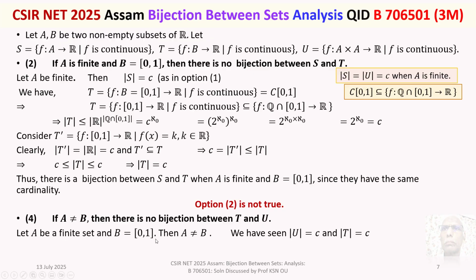A is a finite set, B is an infinite set, therefore A is not equal to B. But we have seen that when A is finite, the cardinality of U is C. And when B is [0,1], the cardinality of T, as we just saw, is C. So they have the same cardinality, therefore there is a bijection between T and U. So in the case of A finite and B the closed interval [0,1], when A is not equal to B, there is a bijection.